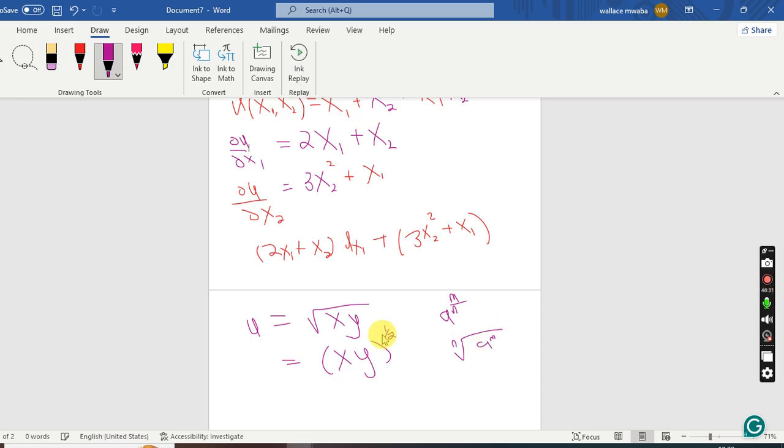Here there's a 2 outside, and these ones inside: x to the power 1, y to the power 1. So this converts to that. Are we clear on that point?